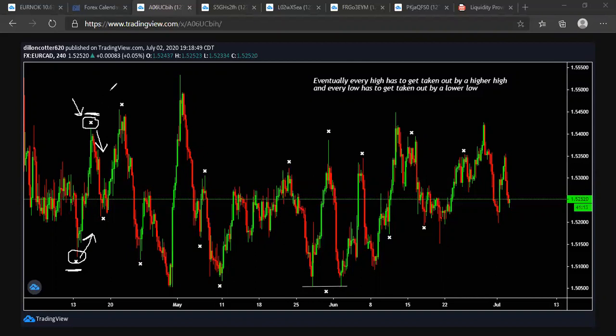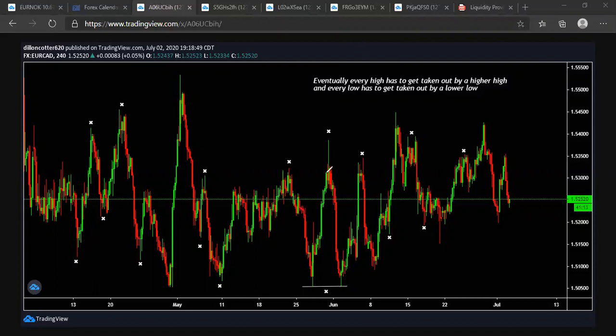Some people even do 40, 50 pip stop losses above their entry. So you've got to think, above every high is buy stops and selling position stop losses, and below every low is sell stops and buy position stop losses.